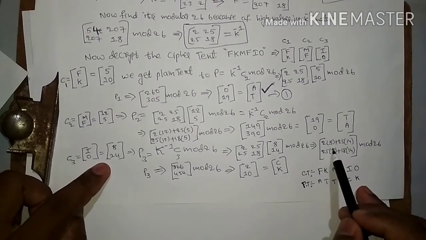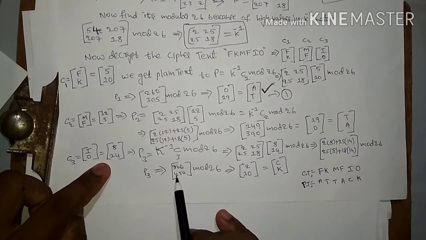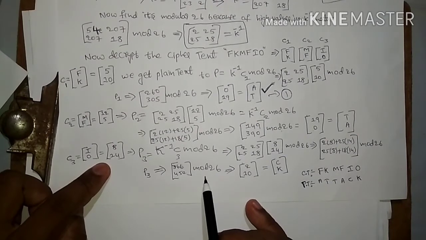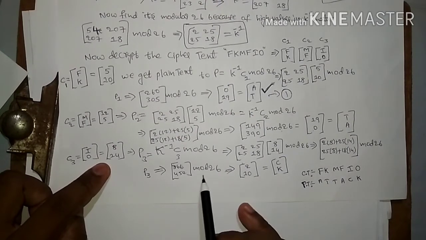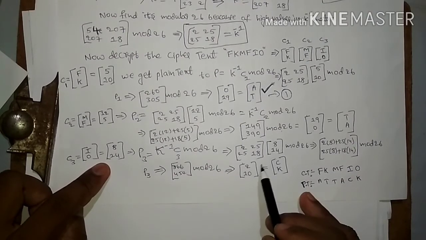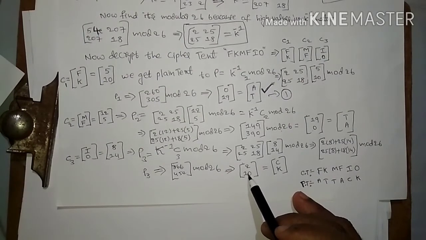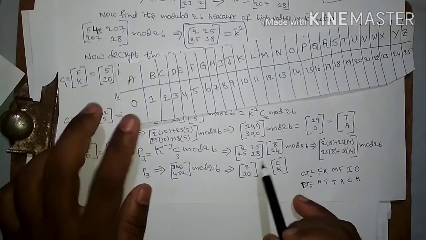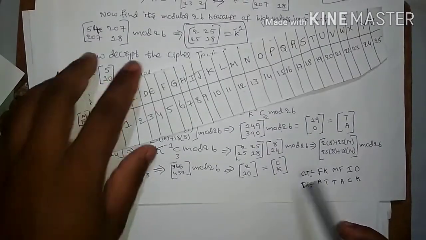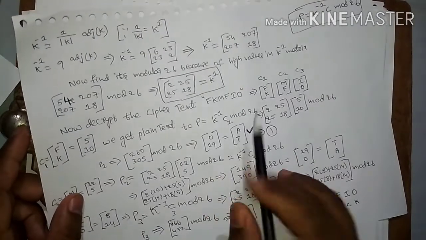After multiplying, 2 into 8 plus 25 into 14, 25 into 8 plus 18 into 14, we are getting 366 comma 452 mod 26. After performing the modular operation on 366 and 452, we are getting 2 comma 10. According to this table, 2 is C and 10 is K: CK.